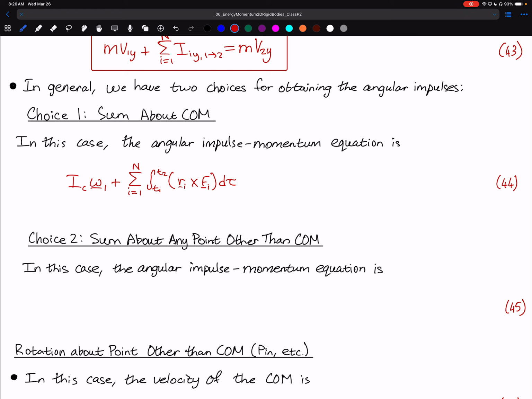And so that is the moments created by those impulsive forces, plus then the summation from i equals 1 to P of the integral from t1 to t2 of the moment M sub i dt, which is then equal to moment of inertia I sub c times omega 2.